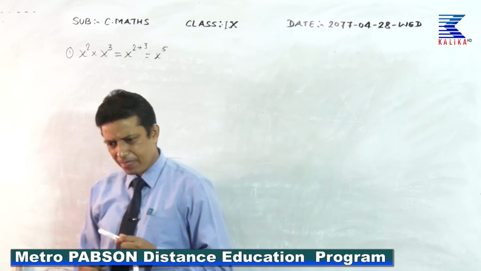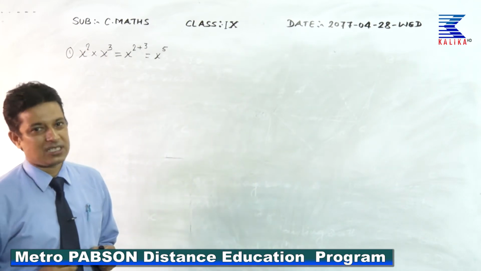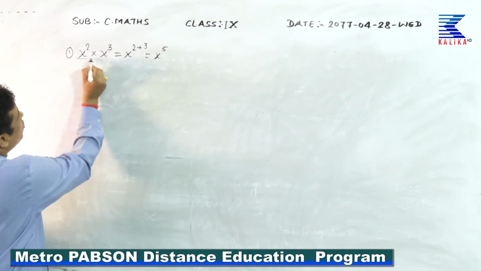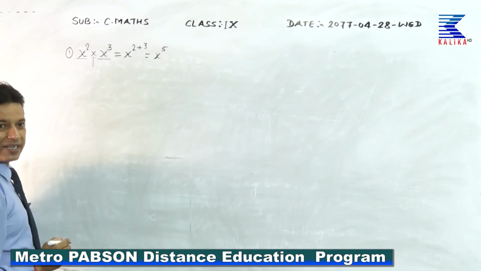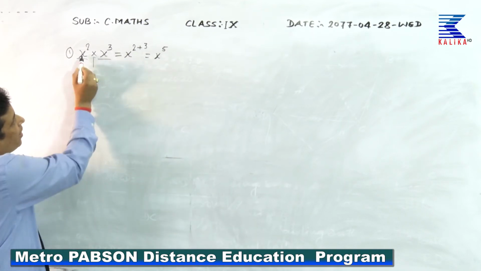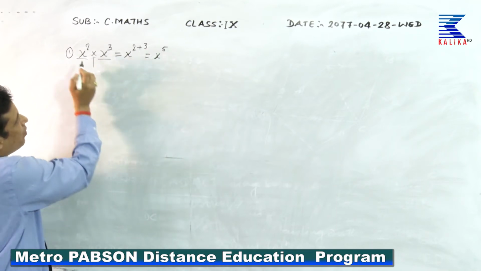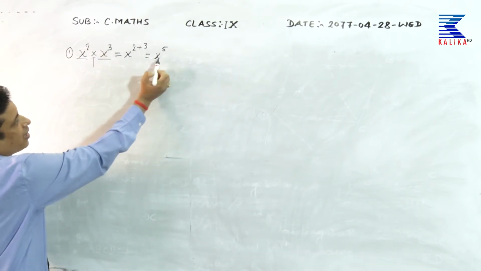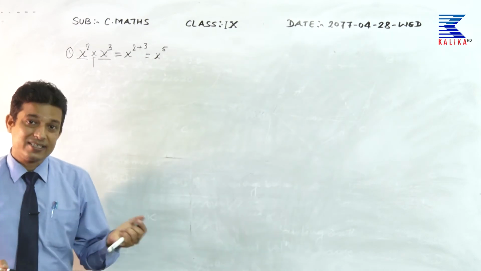As I said, we remember two operations, multiplication and division, and between these two terms the operation is multiplication. So, when bases are same we add the powers. The product of x square and x cube becomes x to the power 5. It is by the law of indices.